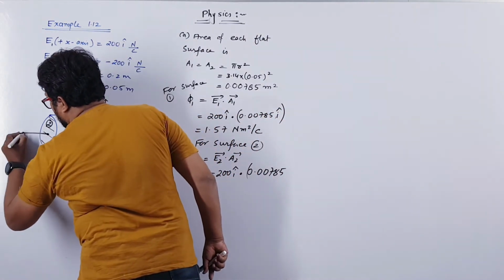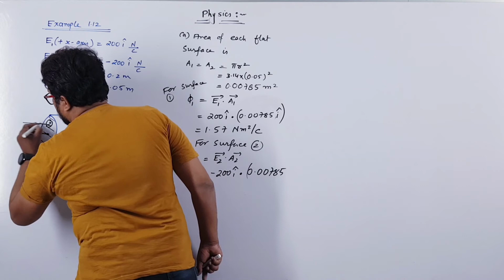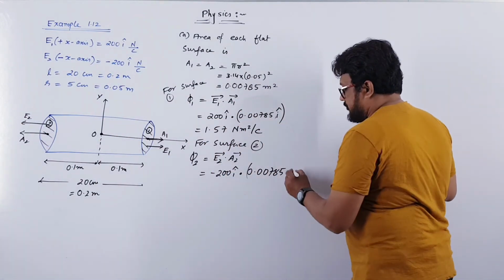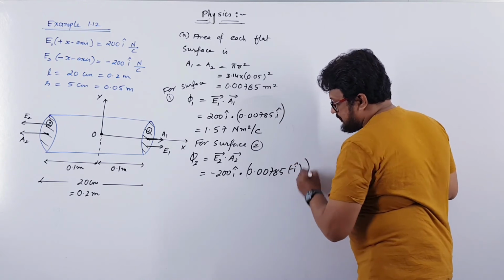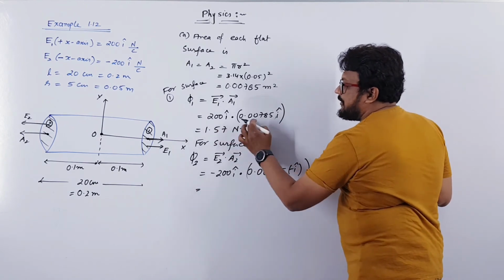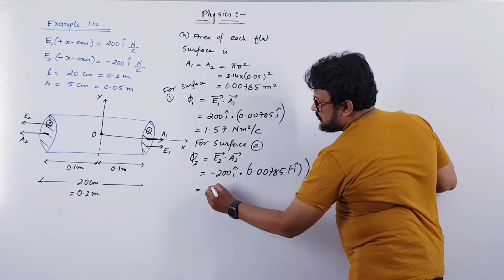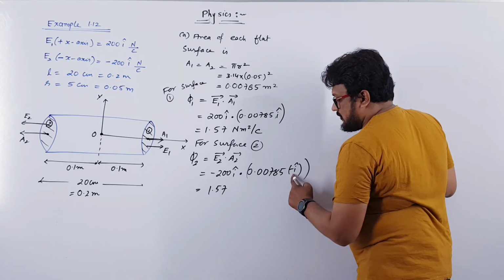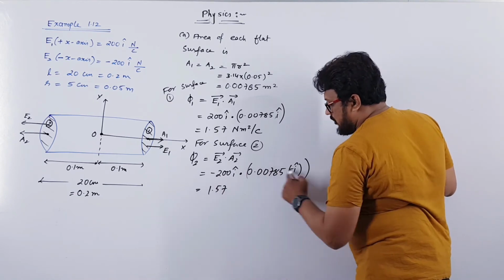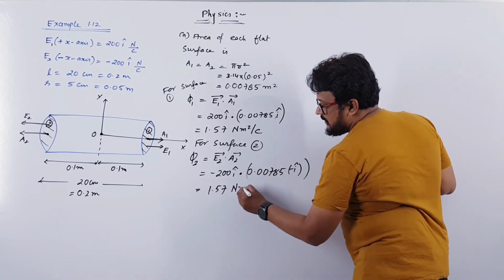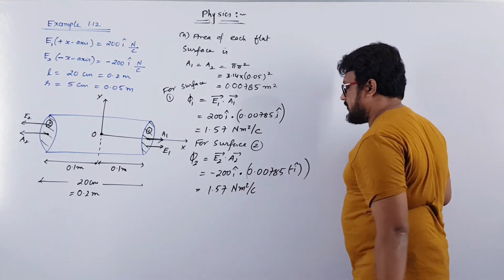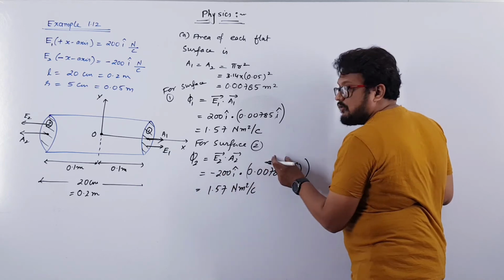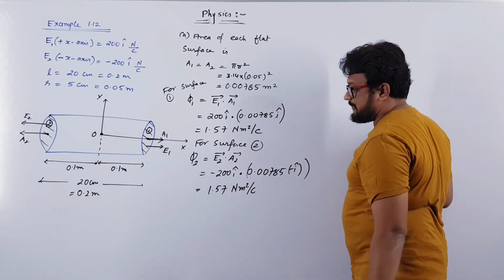This will be the direction of area A2 and electric field E2. So into minus i cap. This into this will be equal to 1.57. Minus into minus will be plus, and i dot i will be 1, Newton meter square over Coulomb. Clear? If you want, you can write it in a different way, E A cos 0, again 0 because both are in the same direction.